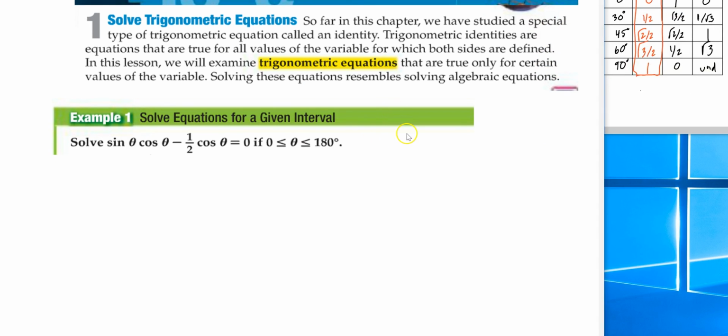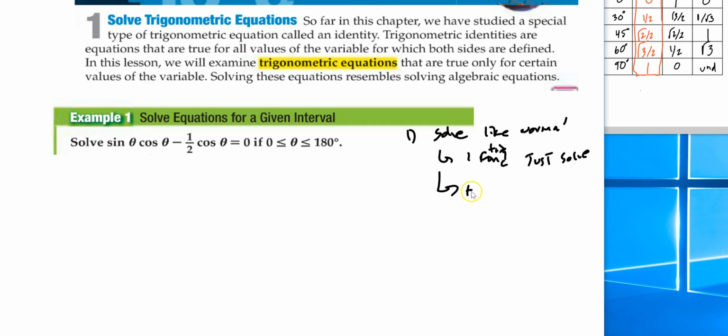So let's talk about the process of doing this. Step 1, solve like normal. What do I mean by that? If you have one trig function, just solve. If you have more than one trig function, what we do there is we factor: set equal to 0 and factor.